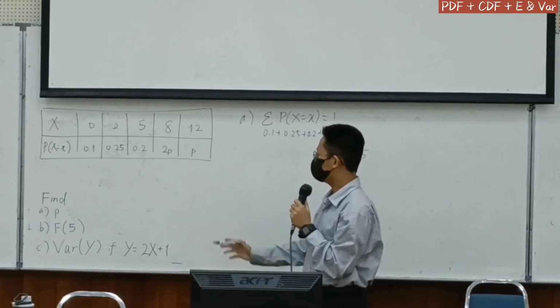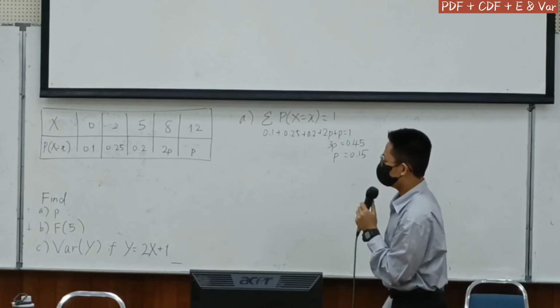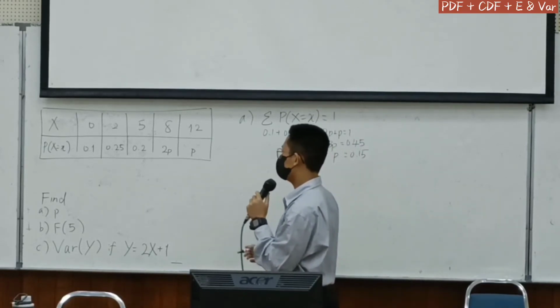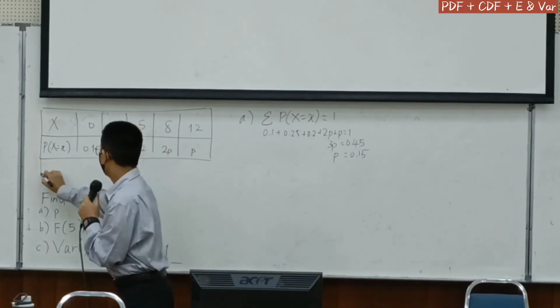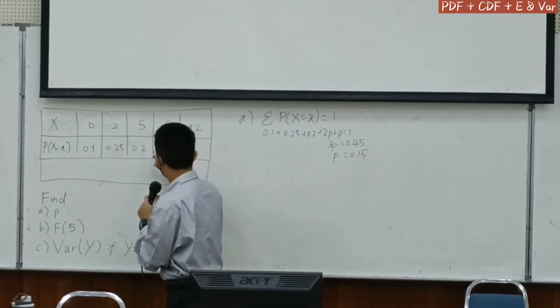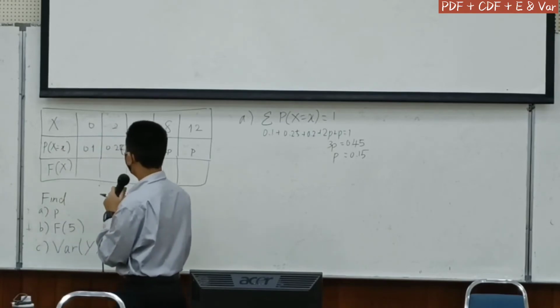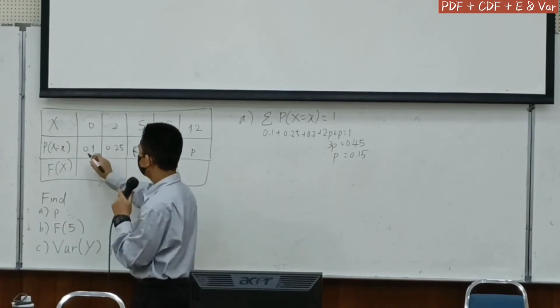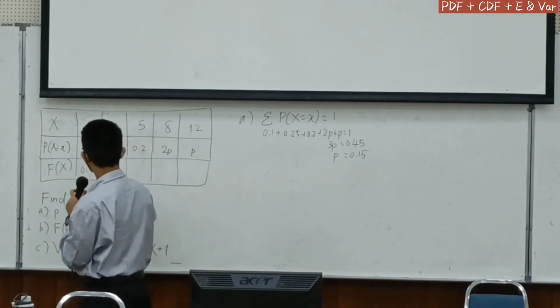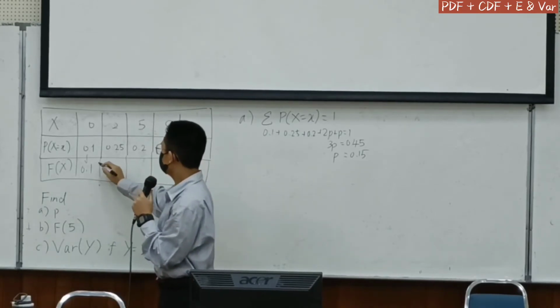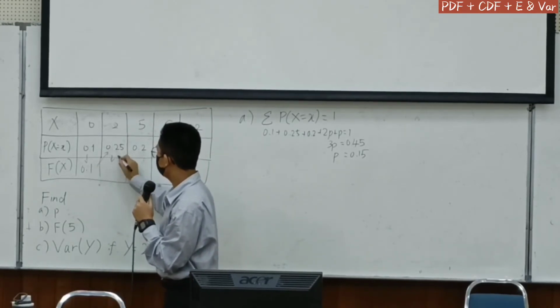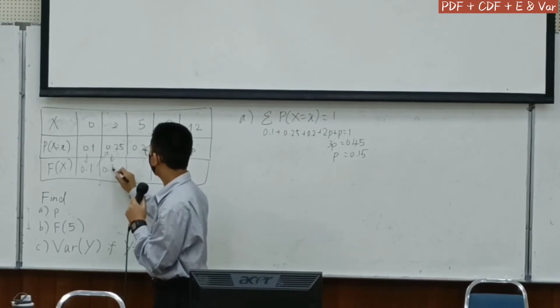And let's do the B. We want F(5), which is cumulative. So we can make a table for the F. This one we just copy down. For the second one, we just add this and this, so we get 0.35.